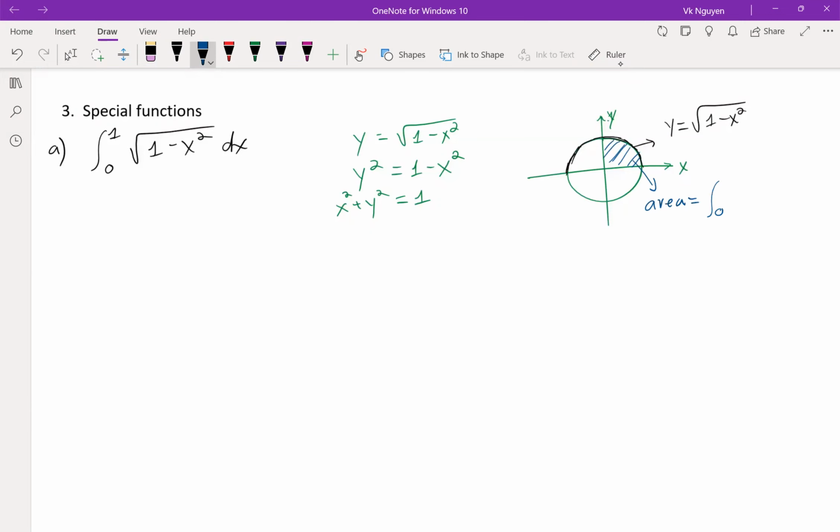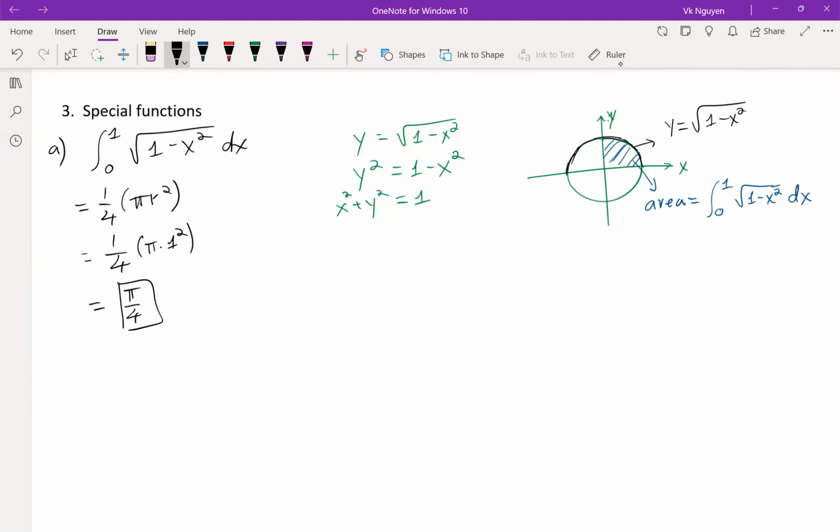Area is the integral from 0 to 1 of root of 1 minus x squared dx. So what we see here is that this is just 1/4 of the area of a circle. 1/4 pi r squared. Well, the circle here has a radius of 1, so just 1/4 pi times 1 squared, and that is pi over 4.